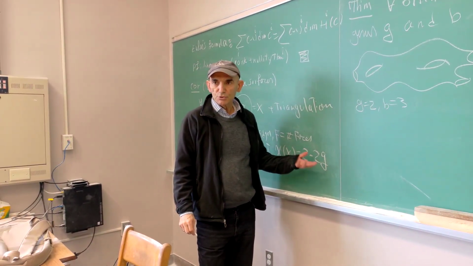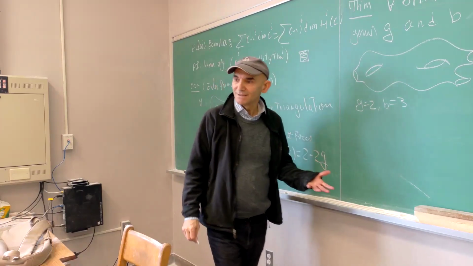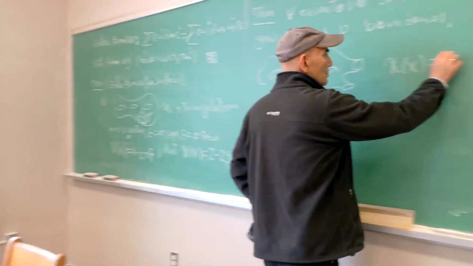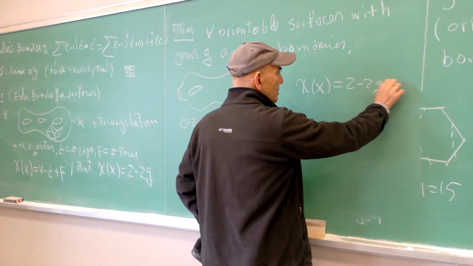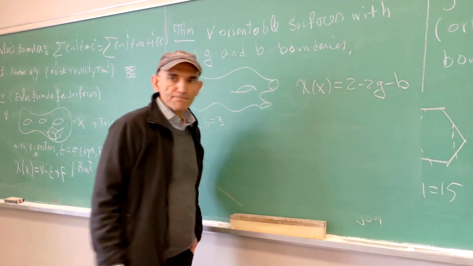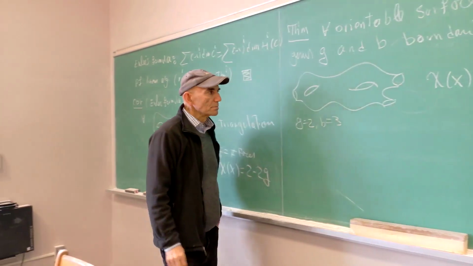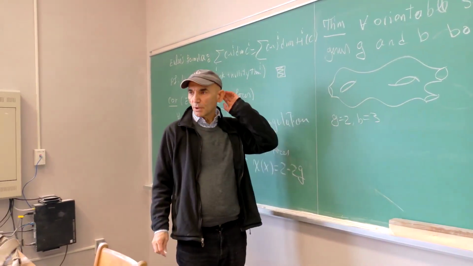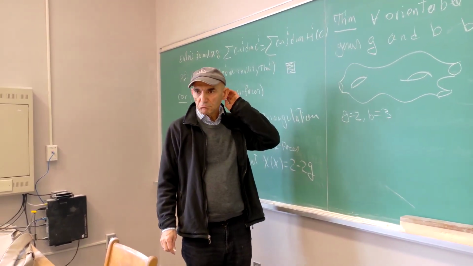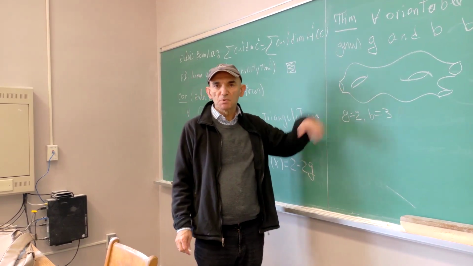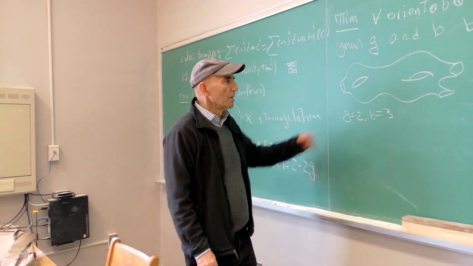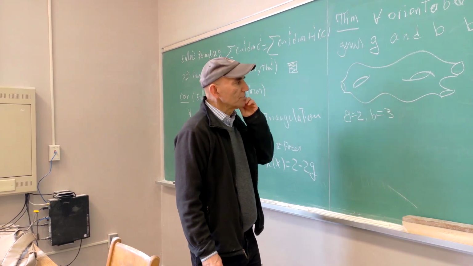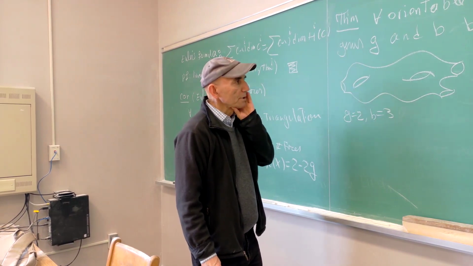It's 2 minus 2g minus b. It's a general formula in algebraic topology that you immediately prove in a first graduate or undergraduate course.